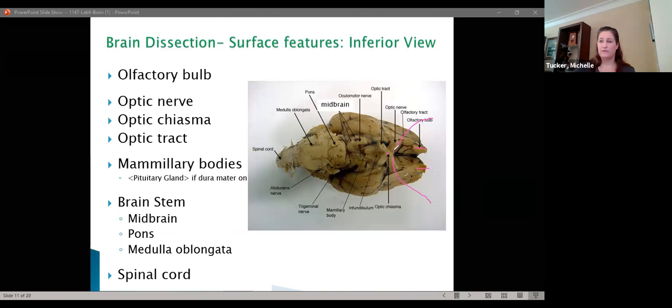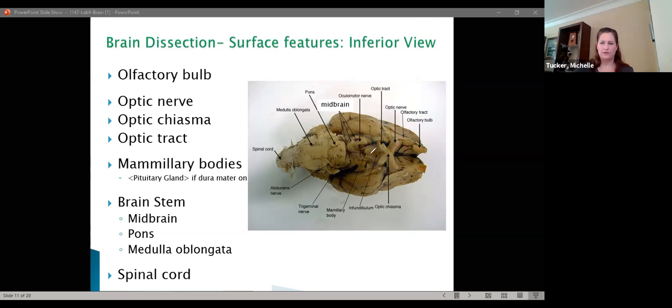Usually these are cut off, so if you see them, they're just little nubs that kind of peek out here and here. And then from the optic chiasma, you have these glistening white optic tracts that are going to run down to the occipital lobe for processing.